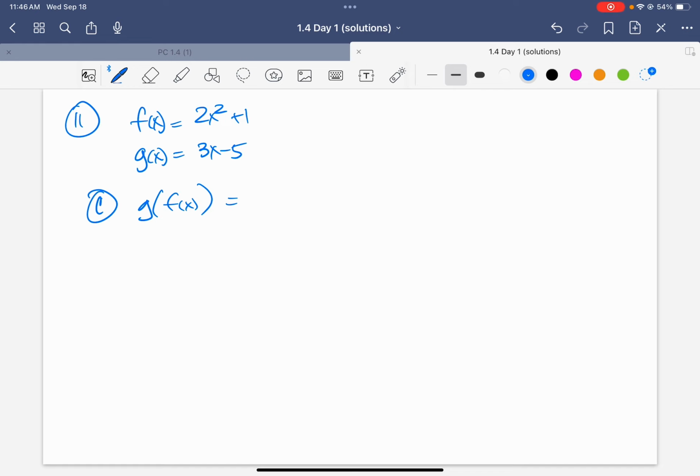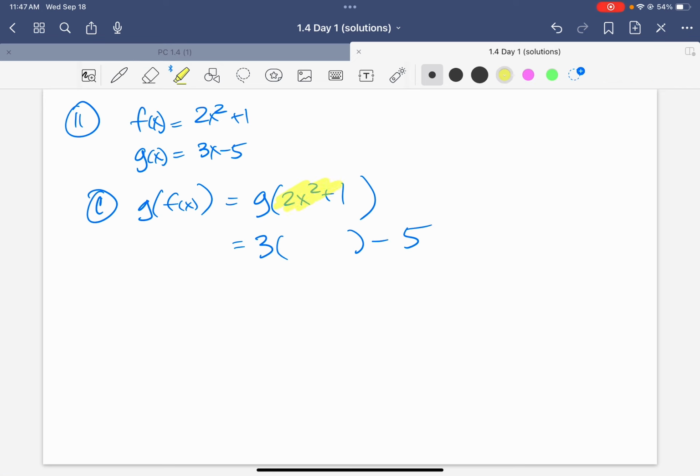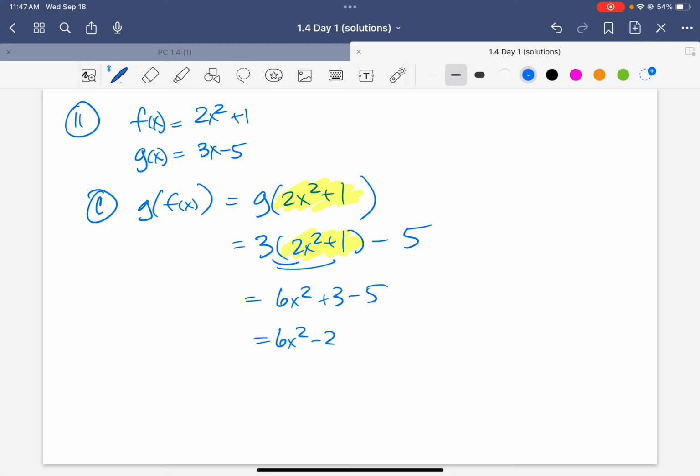That just means I take my g function and I plug f of x into it. But what does g do to things? It takes 3 times what you give it minus 5. So if I plug this into the function g, that's going to go there. So now when you distribute, you get 6x squared plus 3 minus 5, which is 6x squared minus 2.